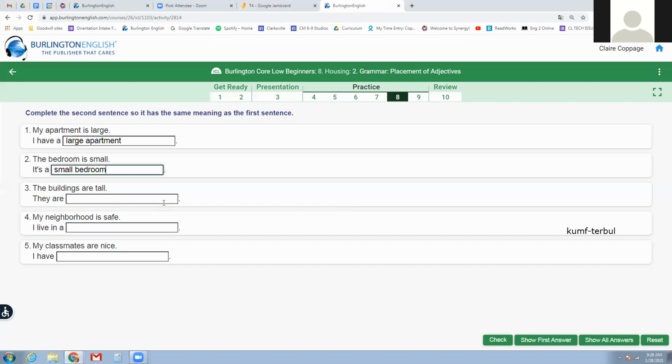Good. Number three. The buildings are tall. They are tall buildings. My neighborhood is safe. I live in a safe neighborhood. My classmates are nice. I have a nice classmates. Very good. Okay.